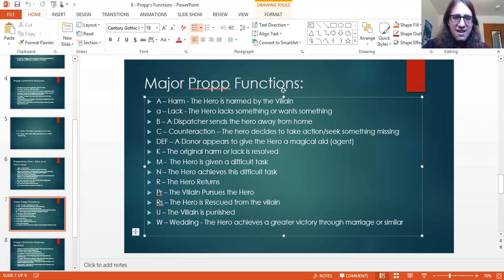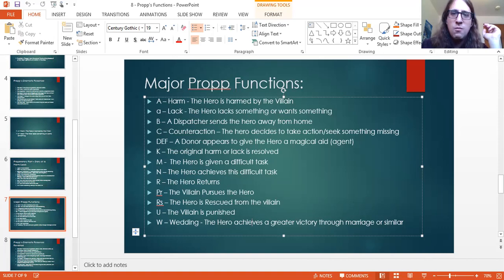So a difficult task might be getting through the castle. And then N would be success. So that could arguably be a task set by Fiona effectively that Shrek has to overcome.